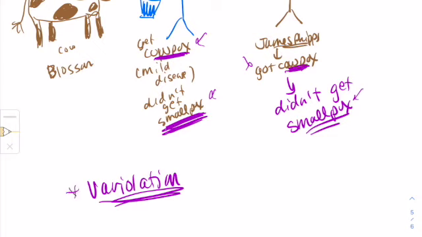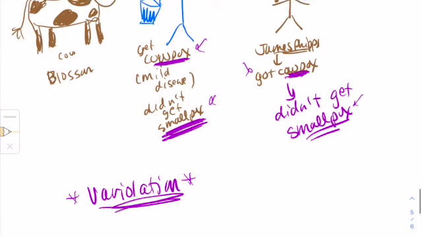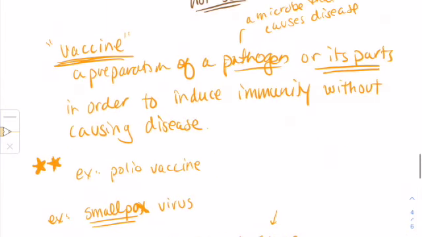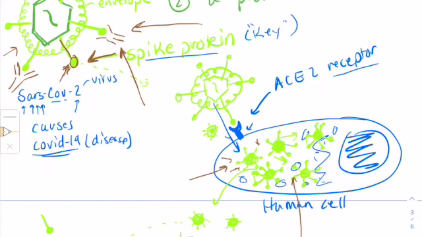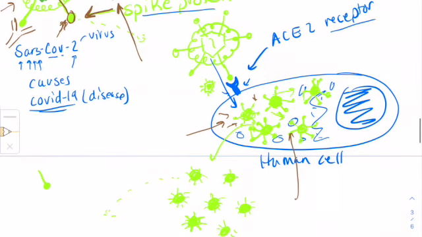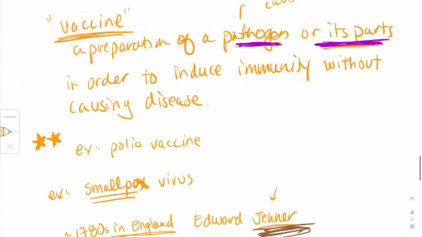Okay, things are much better now. We study these things. But the idea behind a vaccination is the same as variolation. To expose people to some form of a pathogen that won't cause disease, or part of a pathogen, like maybe just exposing people to only the spike protein, not the whole thing, of coronavirus.